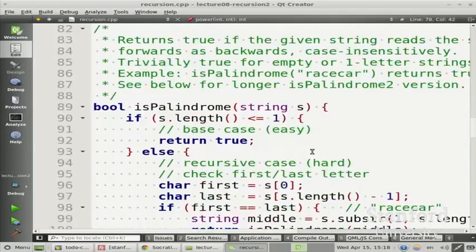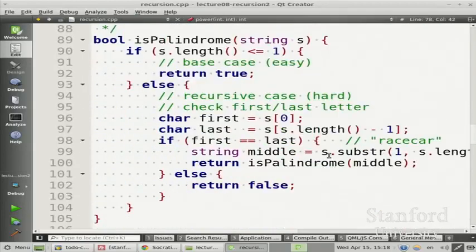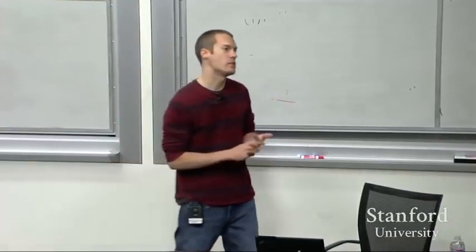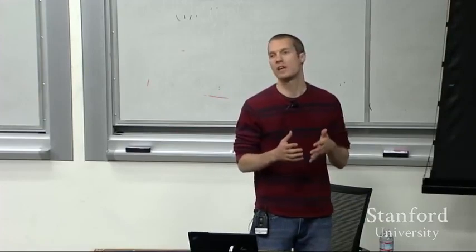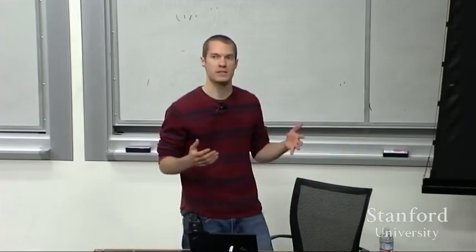We also wrote an is palindrome function that would tell us whether a string was the same forwards as backwards. And again, in all these problems, you want to ask yourself the same question. How is this problem similar to itself? How can you describe a solution to this problem in terms of a smaller version of the same problem? And what you guys told me last lecture was great.